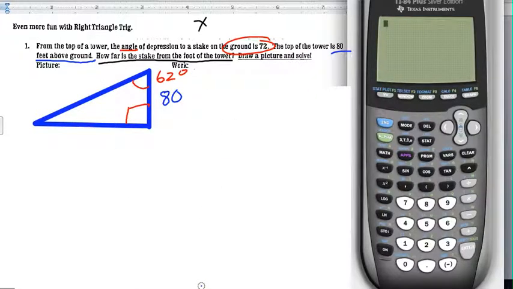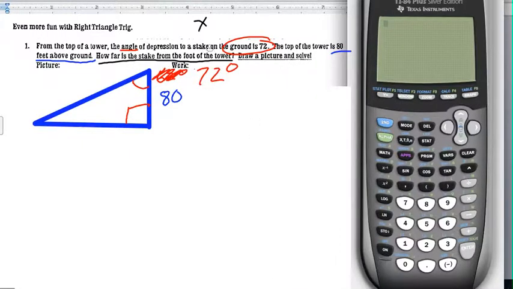And then the last question is, how far is the stake from the foot of the tower? So the stake, if we go back and read that first sentence, what they're saying is, from the top of the tower, the angle of depression from the top to the stake is, oh, I'm so sorry. This is supposed to be 72 degrees. Not sure what's wrong with me.